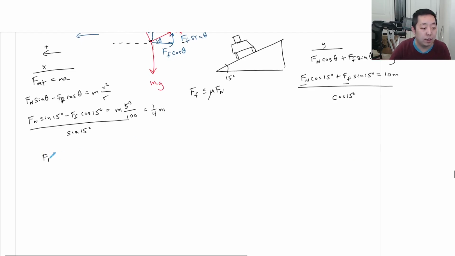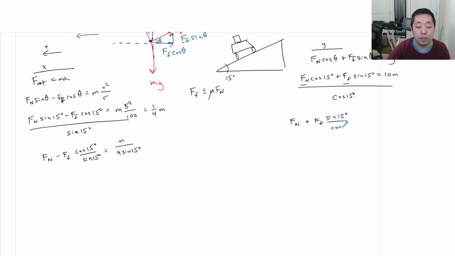So this would be Fn minus force of friction cosine of 15 degrees over sine of 15 degrees equals m over 4 sine 15 degrees. And then this one, Fn plus force of friction sine 15 degrees over cosine 15 degrees equals 10m. Okay. And then I want to subtract these two equations, right? So I'm going to put this equation right underneath it and then subtract them.